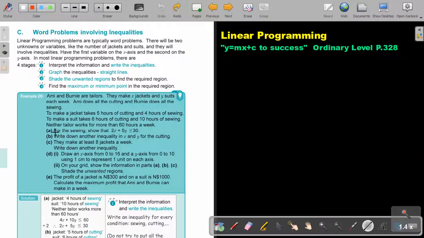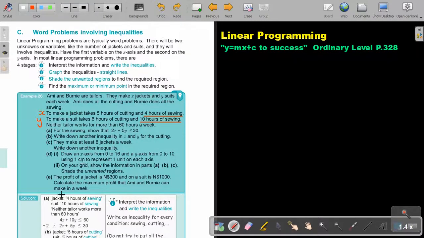If I say the condition is sewing, then I must look at the 4 hours of sewing and 10 hours of sewing, and don't forget that jackets was X and suits were Y. So if I focus on the sewing, it will be 4X plus 10Y, which is correct.